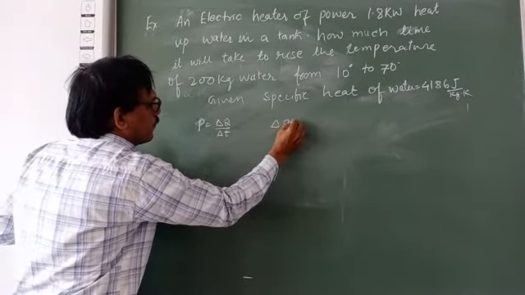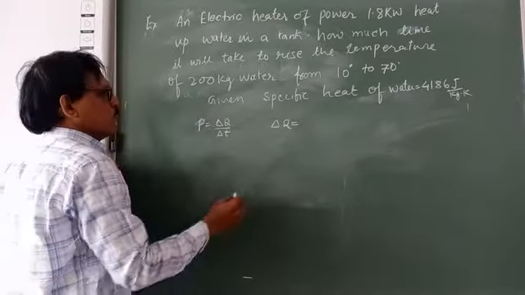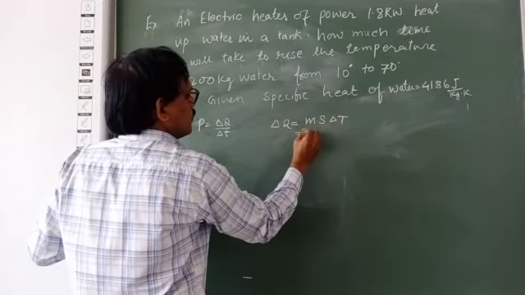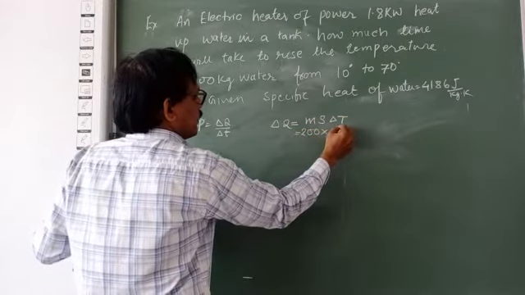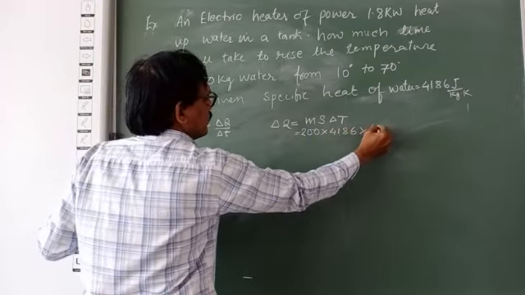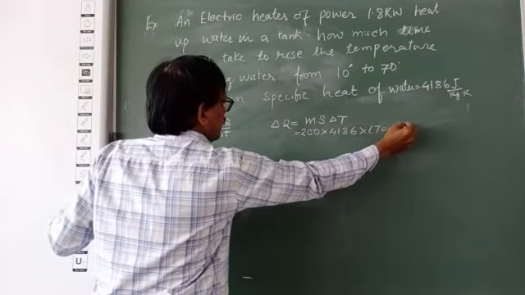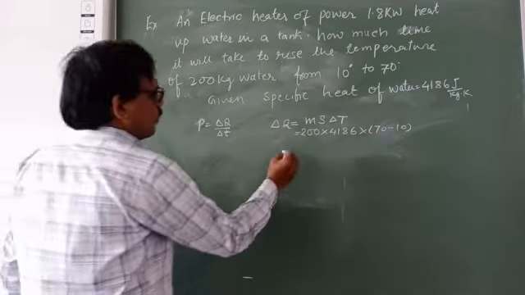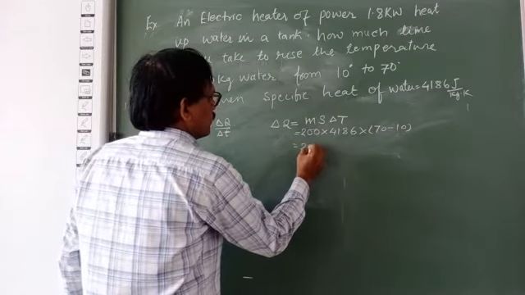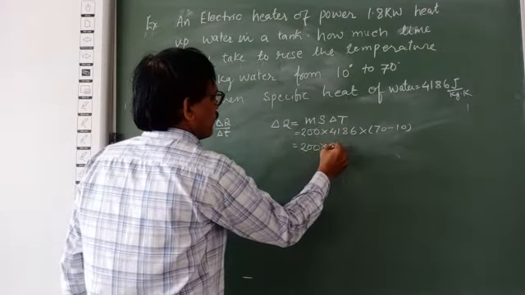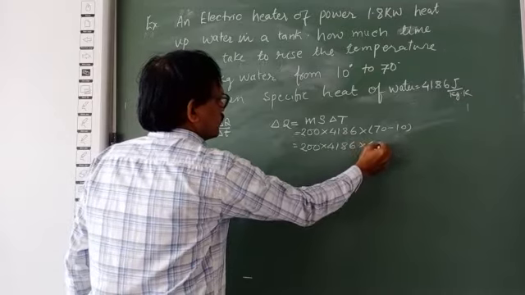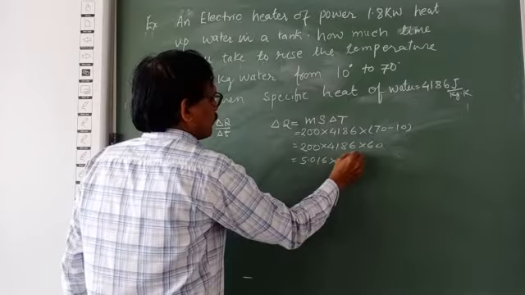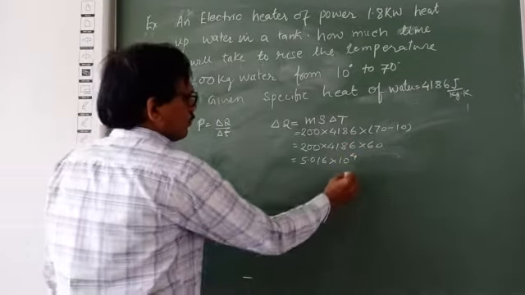Delta Q we will calculate like this: M S delta T. M is 200, S is 4186, and the temperature rises from 10 degree to 70 degree. If you solve this, it will be 200 into 4186 into 60. This will be 5.016 into 10 to the power 7 joule.